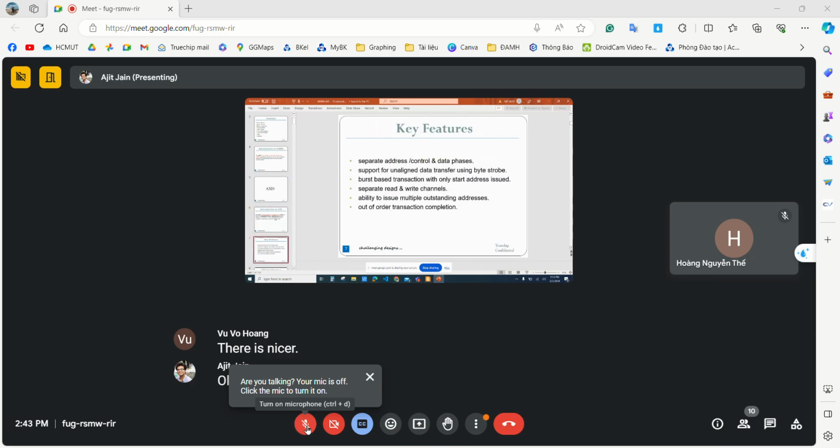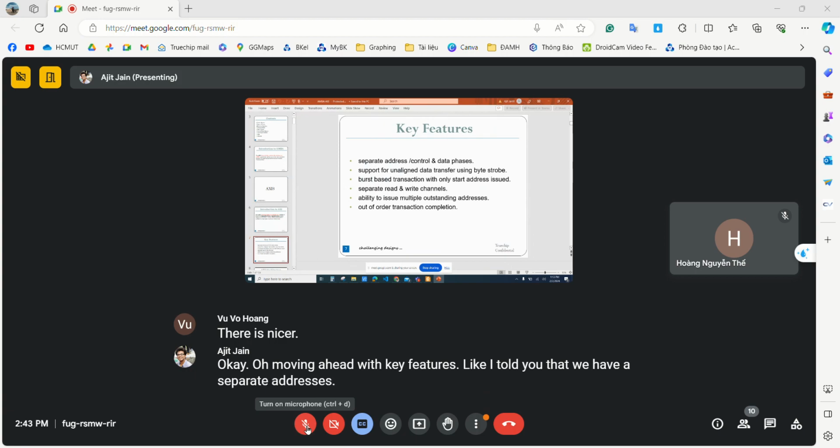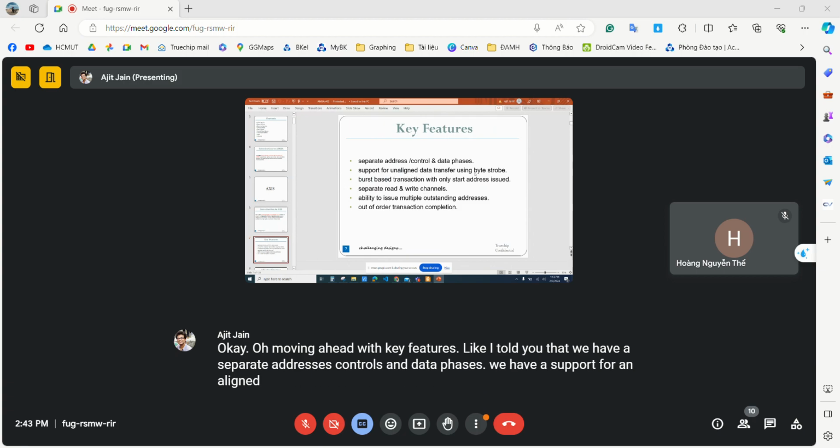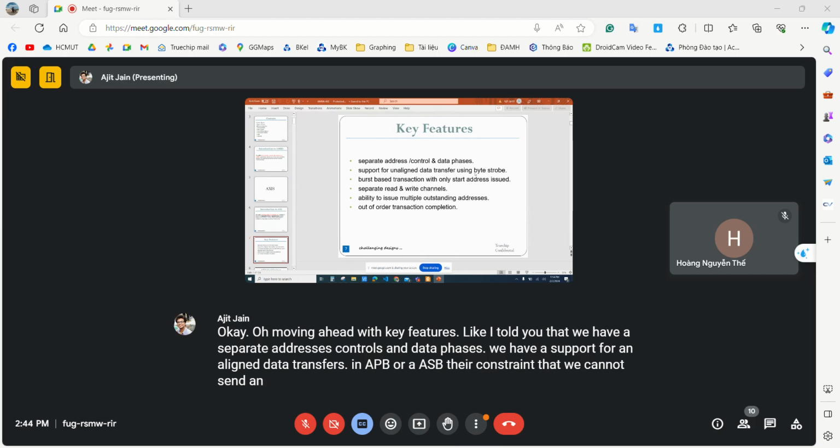Moving ahead with key features, like I told you, we have separate address, control, and data phases, and we have support for unaligned data transfers. In APB or AHB, there is a constraint that we cannot send unaligned data.